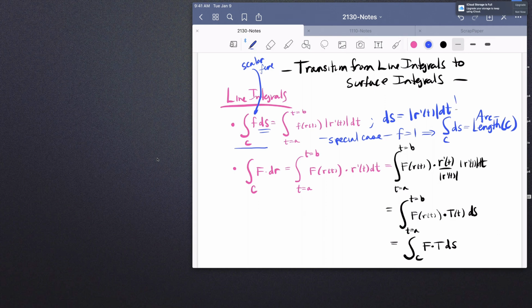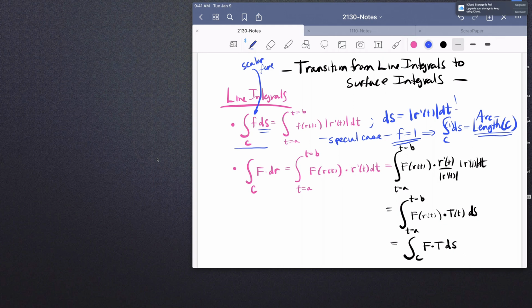Specifically, there was a special case that when the scalar function was 1, that we integrated 1 ds, that became the arc length of the curve C. So the special case of the scalar function line integral was an arc length integral.